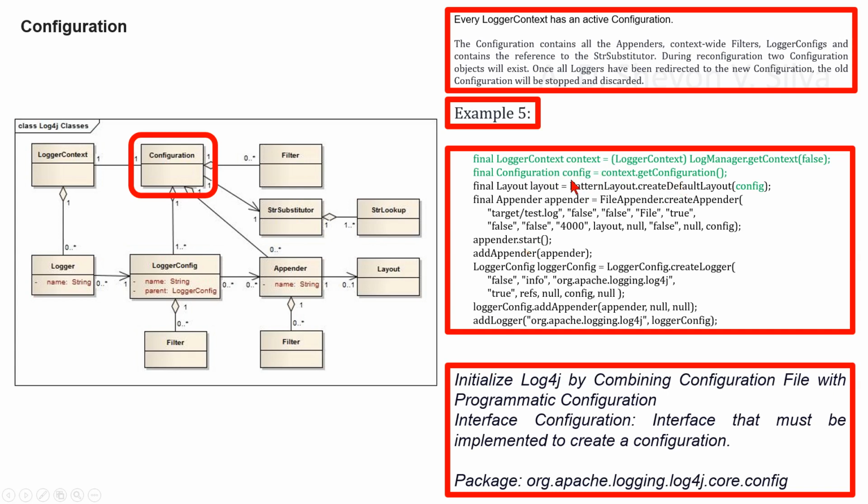Here the interface Configuration, the interface that must be implemented to create a configuration, is in package org.apache.logging.log4j.core.config. Here getConfiguration returns the current configuration.